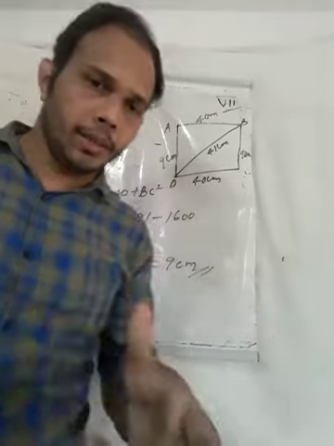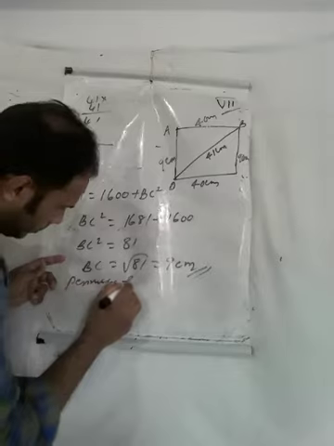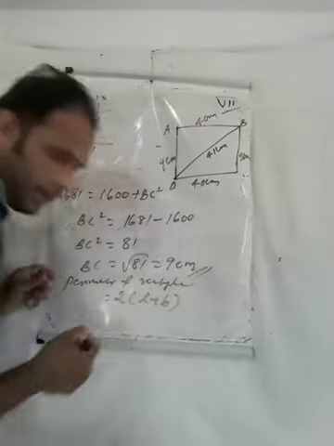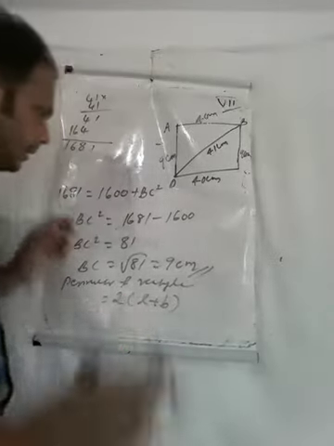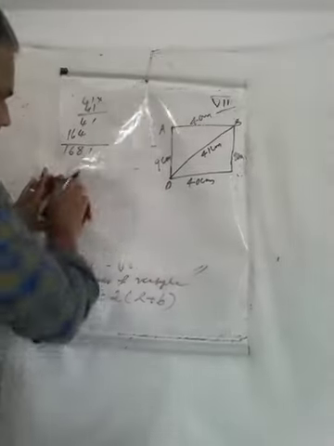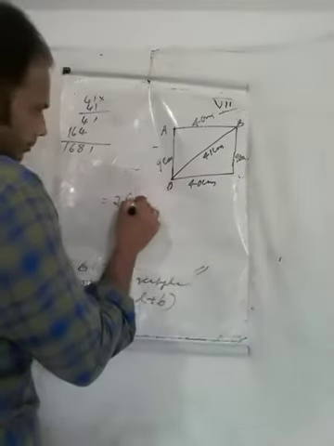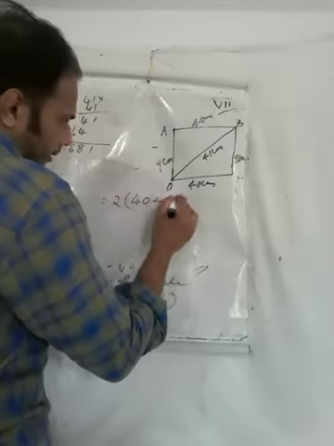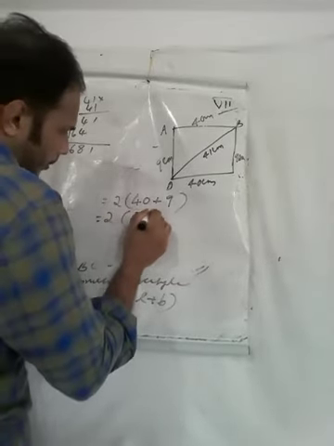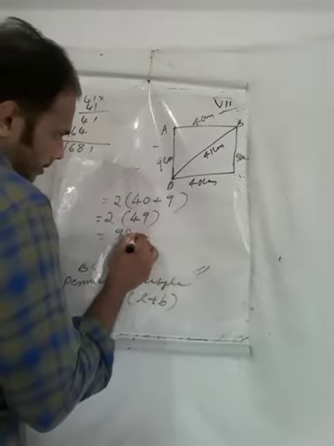So what is the perimeter? Perimeter of rectangle equal to 2 into length plus breadth, which is 2 into bracket, length 40 plus breadth 9, equal to 2 into 49. 2 into 49 means 98 centimeter.